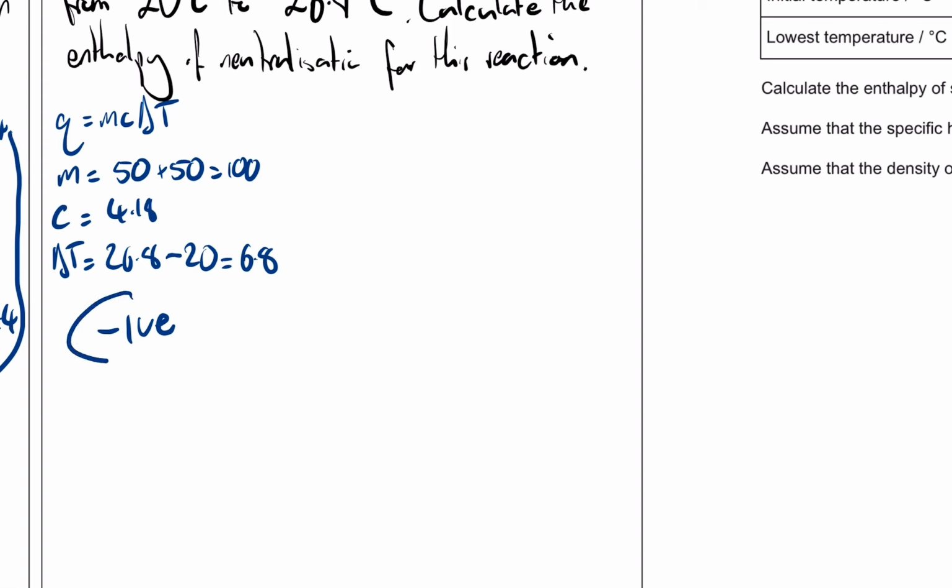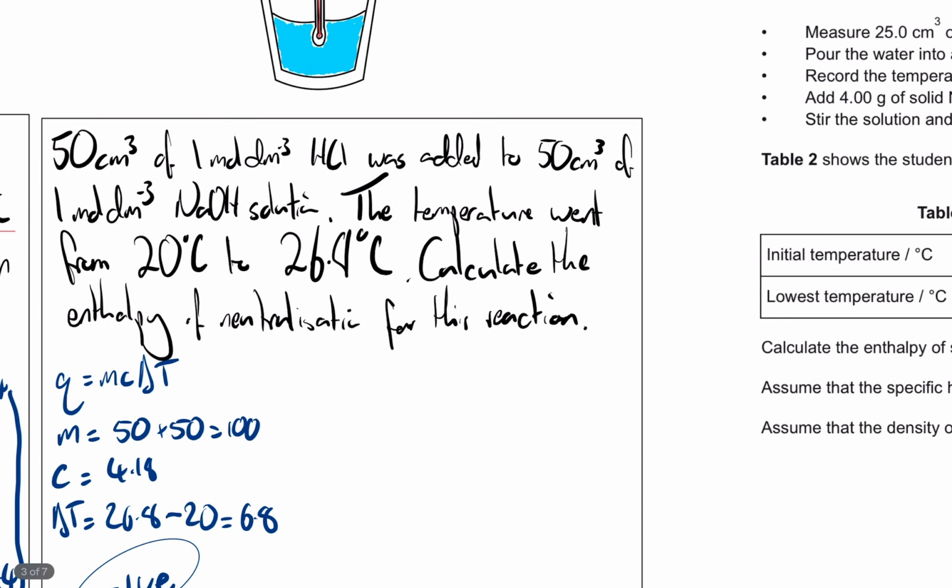So I might make a note to myself that I'm going to come back to this and have a negative value at the end. I can plug these values in and I get to 2842. Now, delta H equals capital Q over N.